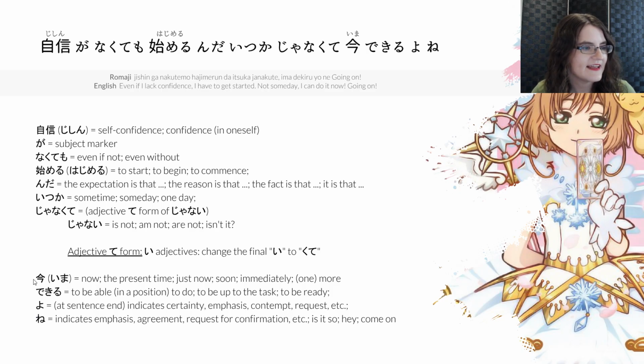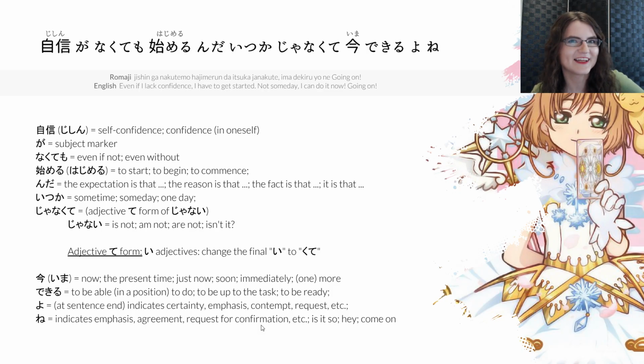So ima is now, and then dekiru is to be able to do. So it's what you can do right now. And then yo is adding emphasis, and this ne is more emphasis and a request for confirmation, like, I'm awesome, right? Right? It's like you know, or at least you think, that you're right, and you're saying, this is a fact, right?